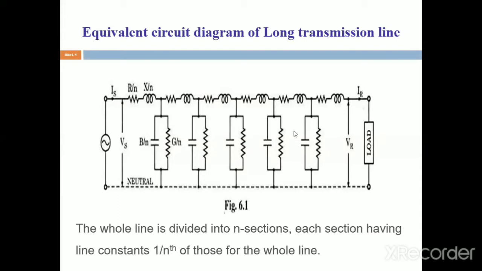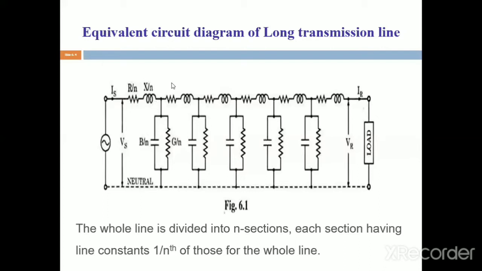In the case of a long transmission line, this is the sending end side and this is the receiving end side. On the sending end side we are connecting the generating station, on the receiving end side we are connecting the load. In between we are having the uniformly distributed parameters, this is the resistance and this is the reactance.